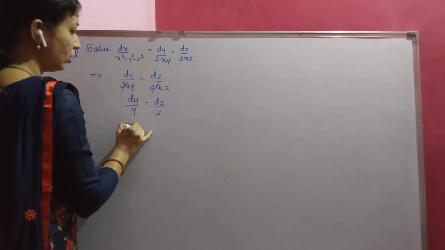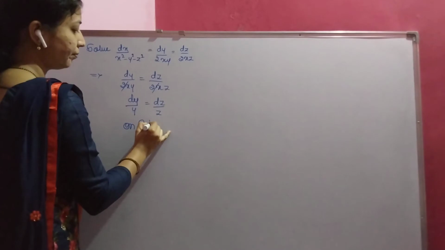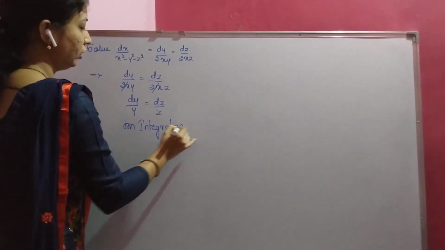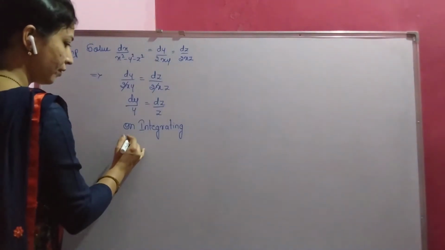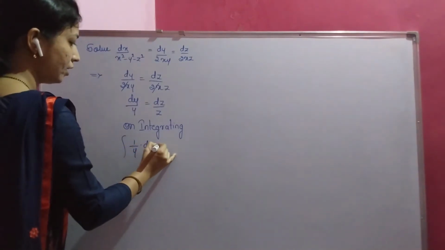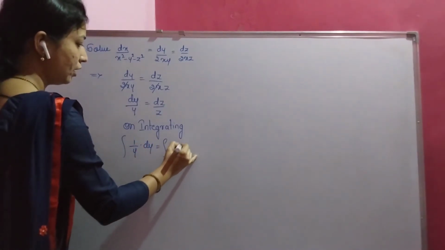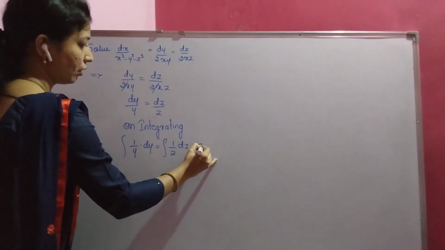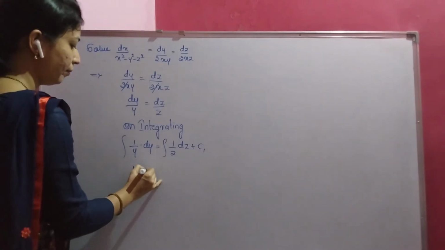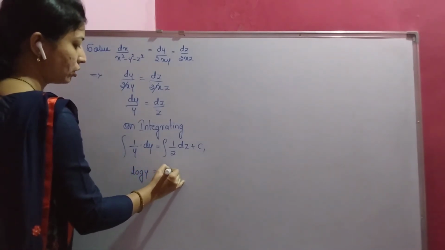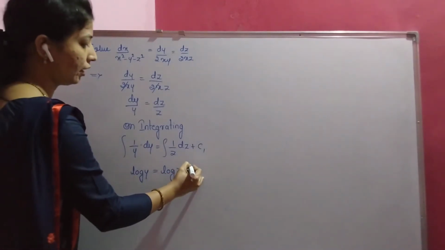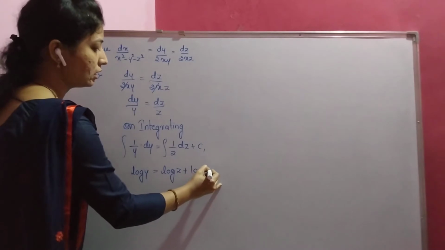On integrating, integration of 1 upon y dy is equal to integration of 1 upon z dz plus integral constant c1. So this is nothing but log y is equal to log z plus log c1, where the integral constant c1 is written as log c1.